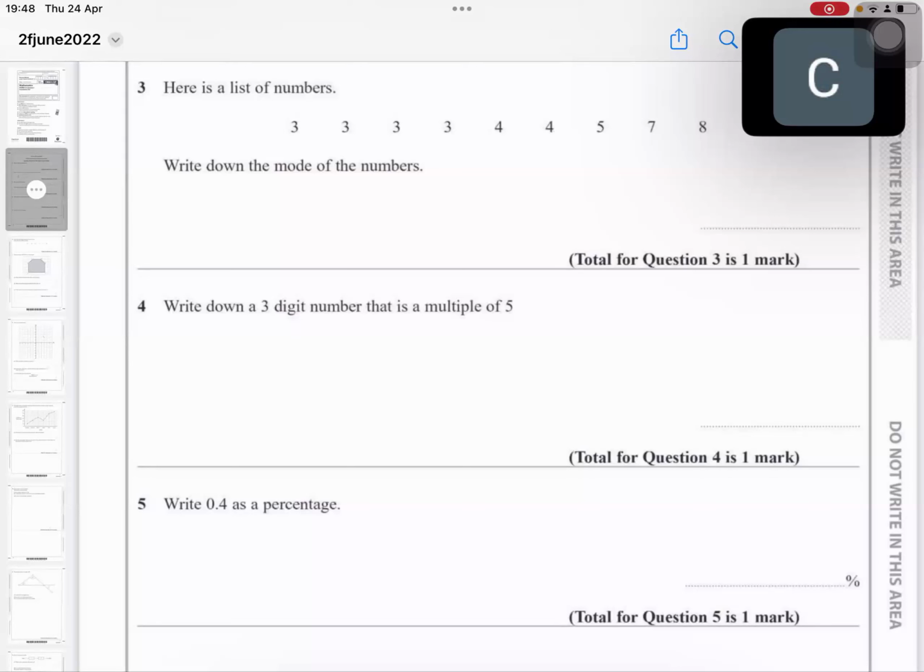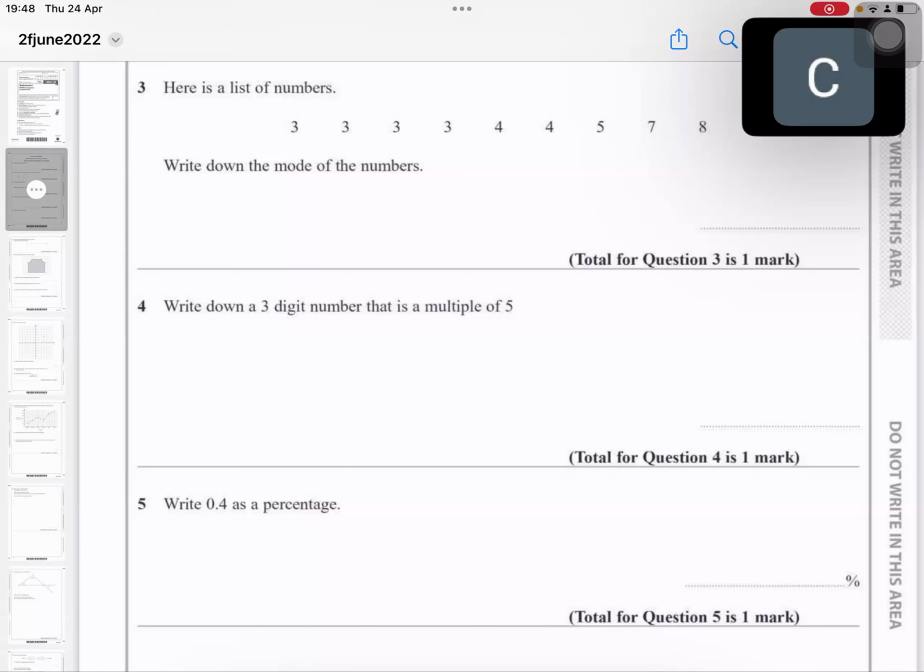Are you familiar with those 2 numbers? You usually find them in most calculations. 5 times what will give you 125? 5 times 25.